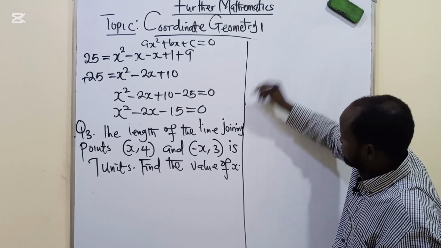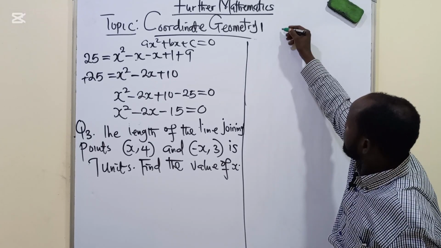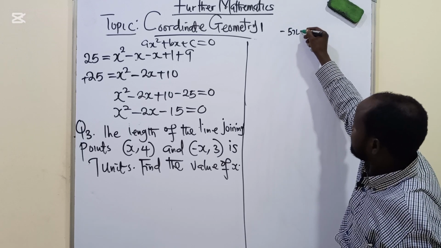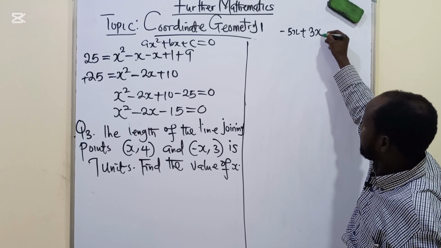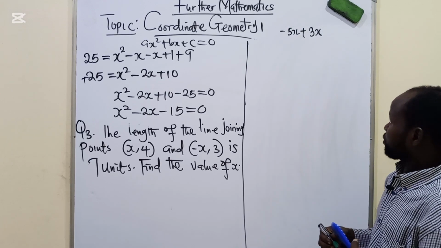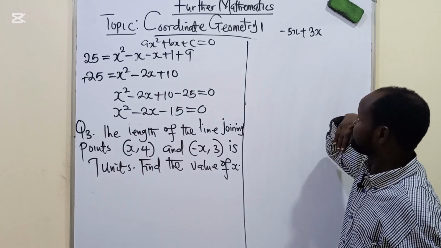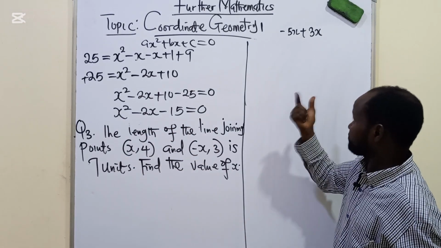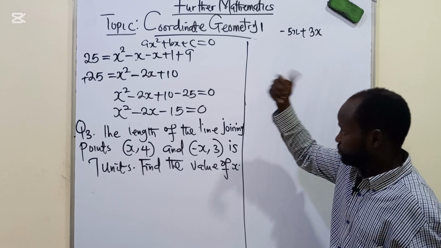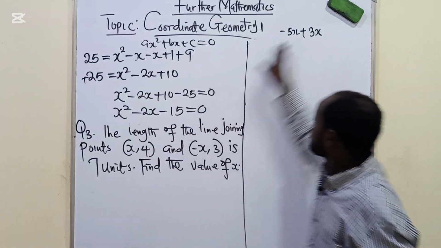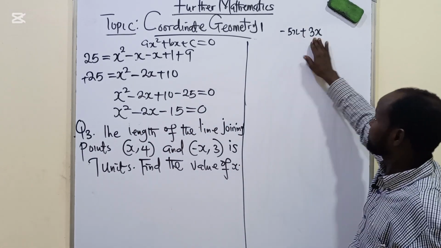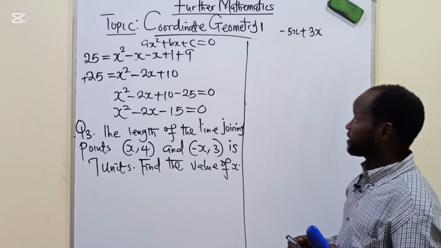Two factors now will be -5x and plus 3x. How did we come about this? First, multiply the first term by the last term, that will be -15. So, two factors of -15 that will give us -2x, when we sum them, will be -5x and plus 3x.